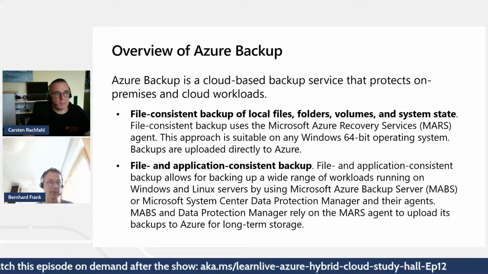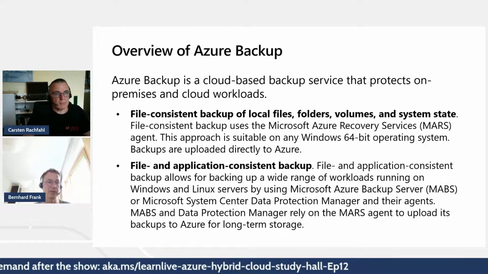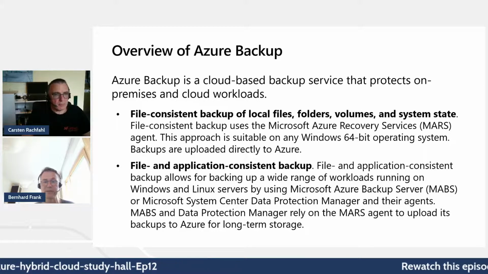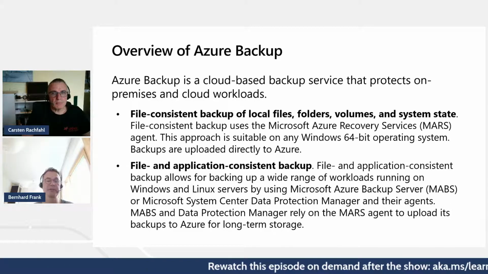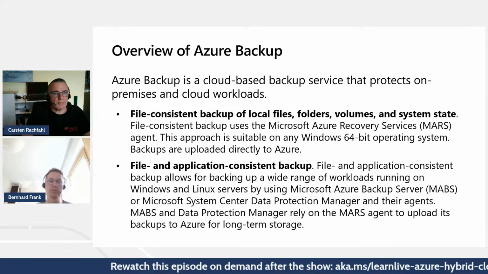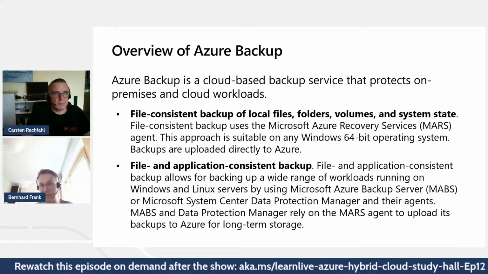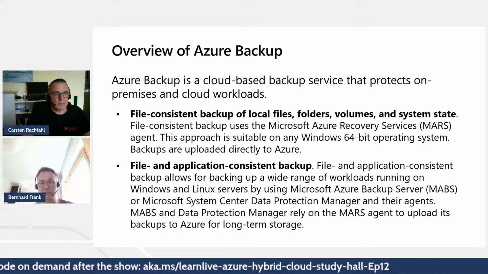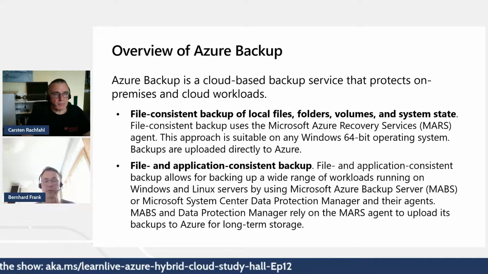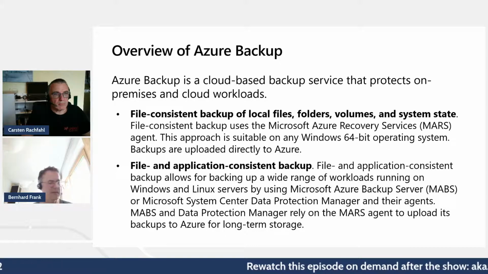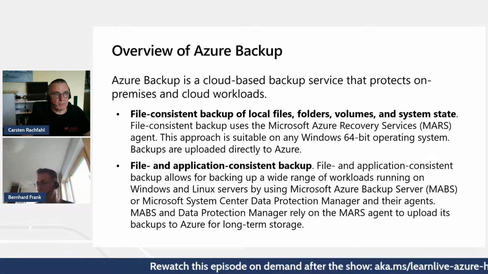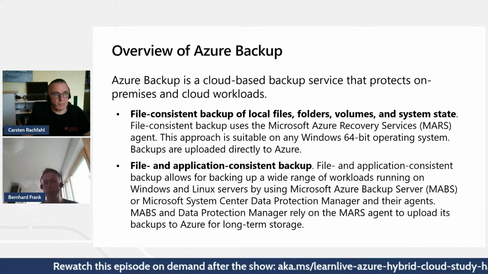So for example, the easiest way of creating an on-premise backup would be to use the Azure Recovery Services agent, the MARS agent, which is a piece of software that you hook up to Azure. It's also agent-based again, right? So you install this, for example, on your server. Could be a virtual machine. It could also be a Hyper-V system, I think, to do host-based backup of virtual machines.